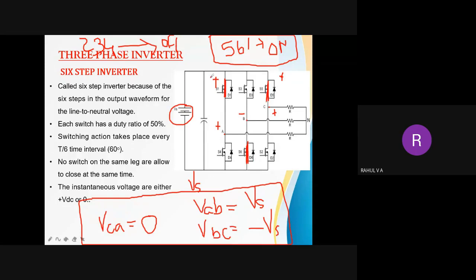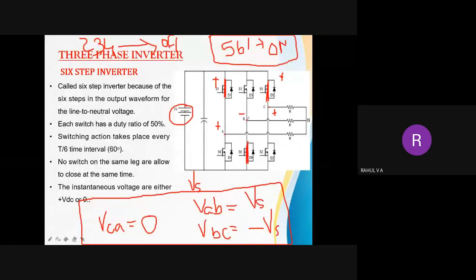So A is connected to the positive terminal of the supply and B to the negative terminal, so the voltage will be Vs. Between B and C, what is the polarity? At B it is negative and at C it is positive, so it is of minus polarity because B is more negative than C. So it is minus Vs.